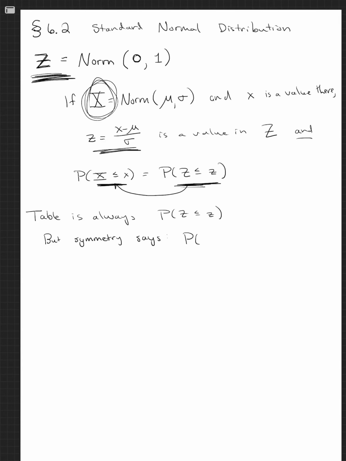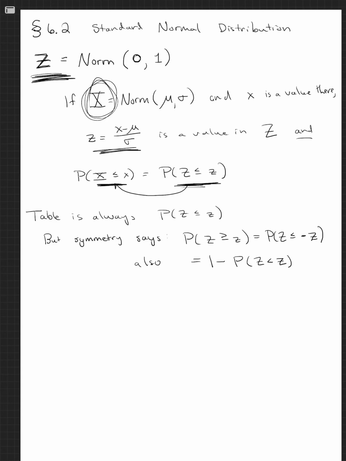But symmetry says that the probability that z is greater than or equal to z is the same as the probability of z being less than or equal to negative z. So that's a nice thing that symmetry gives us.